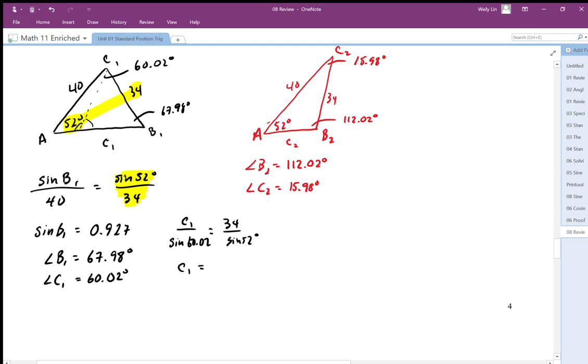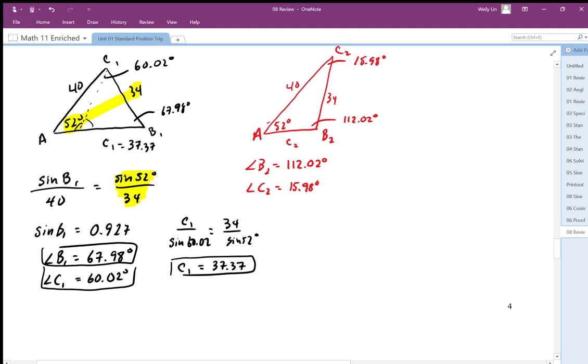So the sine of 60.02 times 34 divided by sine of 52 gives me a length of 37.37. That looks about right given those angles, because it's not that far off of isosceles. Okay, so I'm just going to highlight the three parts that I had to solve for in this triangle.